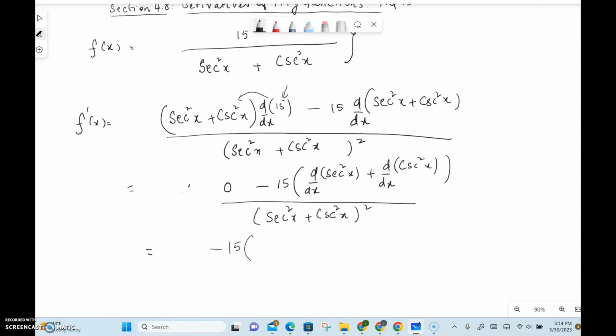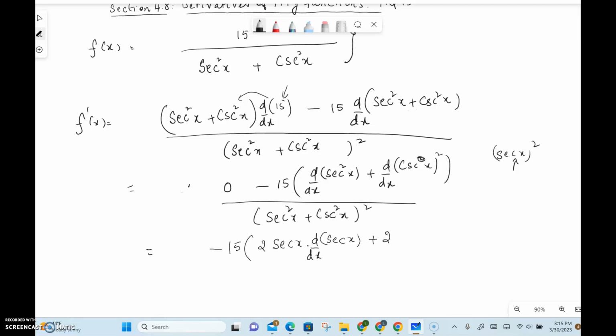negative 15 times secant squared of x is secant of x the whole squared. So when we differentiate it, we get 2 secant of x times, chain rule, the inner function is secant of x, so we differentiate the inner function, which is secant of x. Notice the inner function is secant of x, plus cosecant x the whole squared.